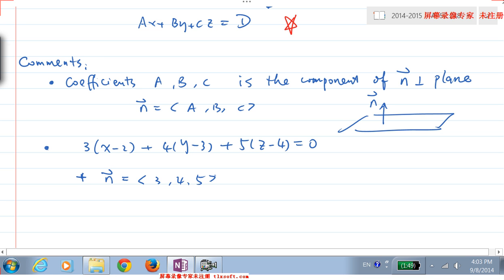What's this vector? It's a vector perpendicular to this plane. And the second piece of information you can extract is a point P, which is (2, 3, 4).